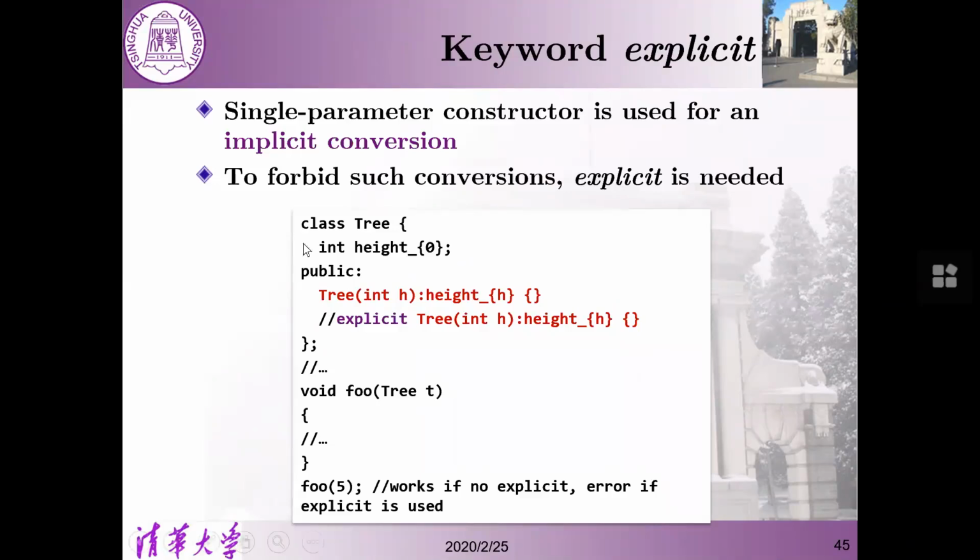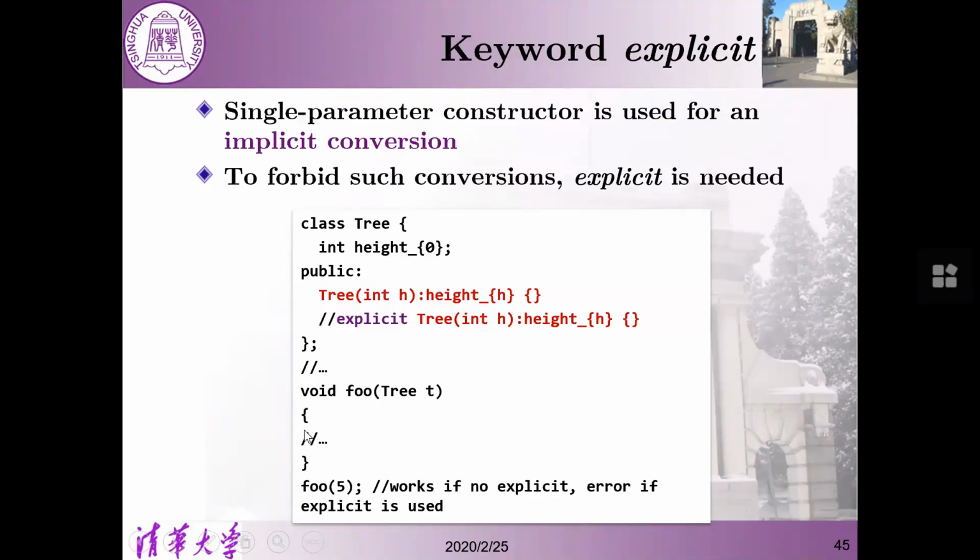For example, if you define a function like this, then you call it in this way. You put an integer here. Because the constructor takes an integer parameter, the constructor will be used for implicit conversion from the integer to an object. So it works.